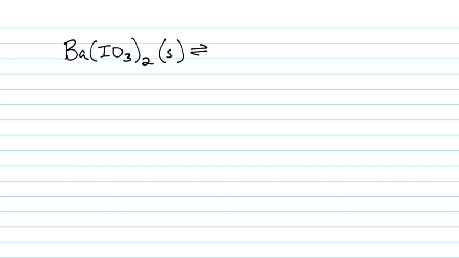Then we're going to put Ba2+, because that's one of the ions that makes it up. Plus, so this IO3, again, it's a new polyatomic ion for you probably, but how many of these iodates are in the compound? 2. There's 2 of them, so that 2 becomes a coefficient here. 2 iodates, 2 IO3. It's got a 1 minus charge.